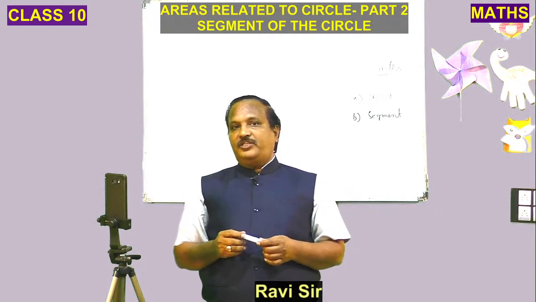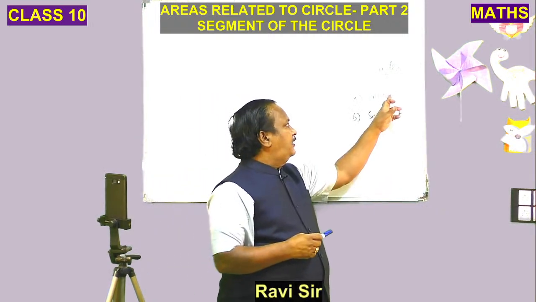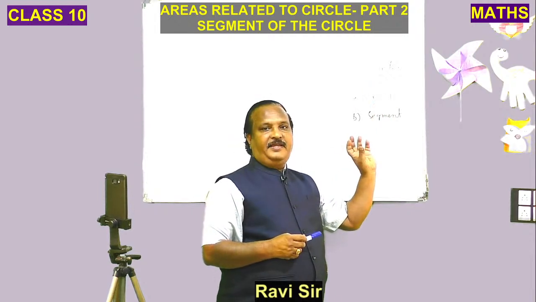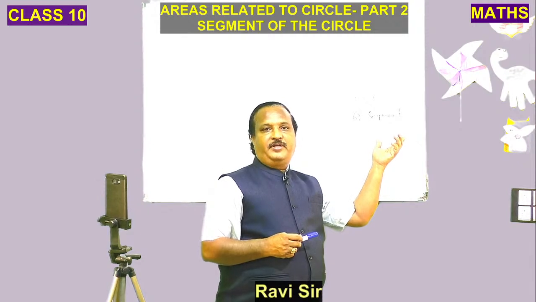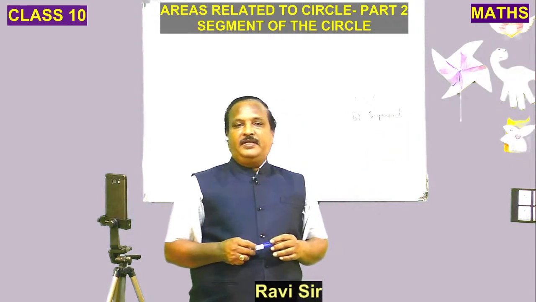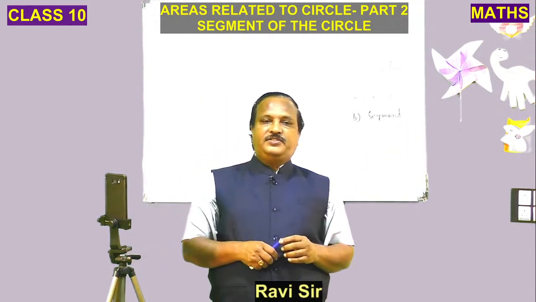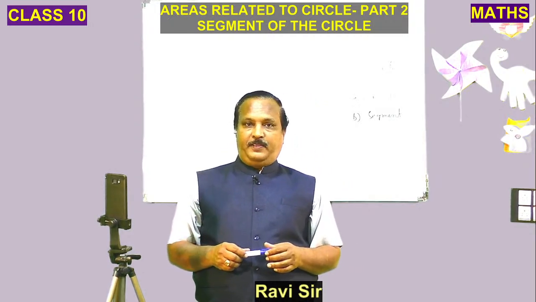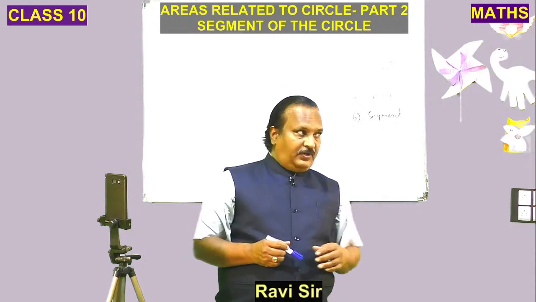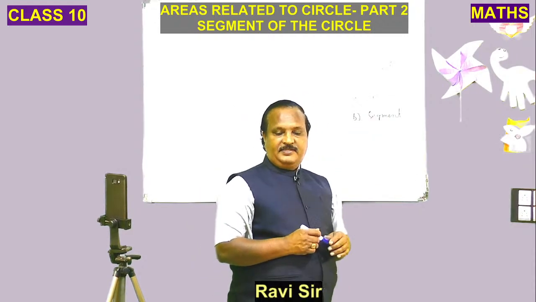If you know these two figures, and you are able to find the sector area, the perimeter, the length, and the segment area, you can do a few applications of circles.